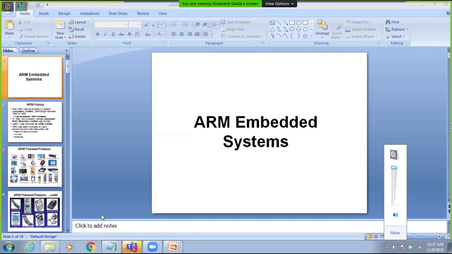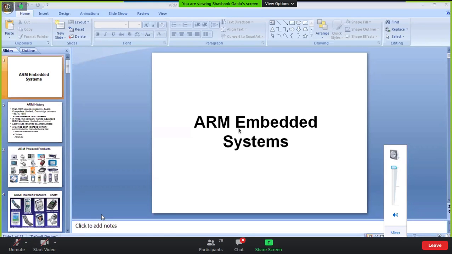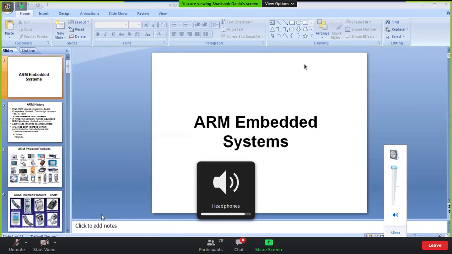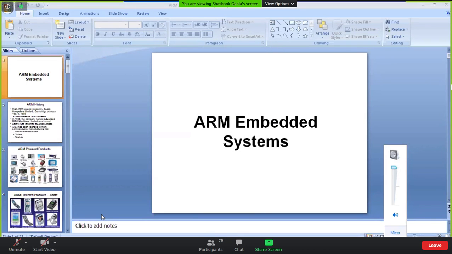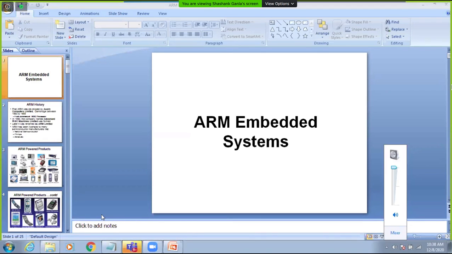So what we are going to cover in the Vector Institute about the ARM architecture is, whenever you learn about any CPU architecture, a bit of architectural features, and after that we'll move on to programming in terms of assembly and embedded C. Once we complete this, we can move on to the application oriented topics, such as the interfacings and the protocols. So we can go on for that.